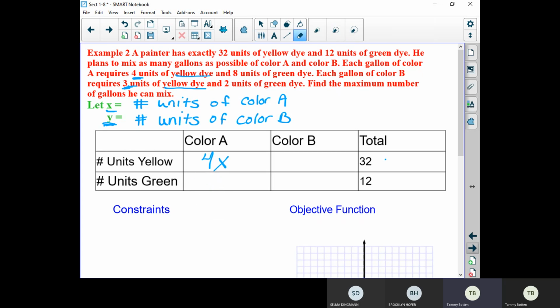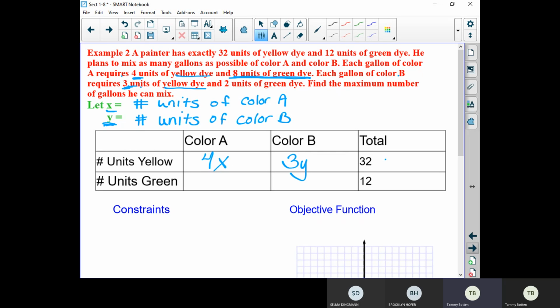Yes, I put this in the wrong spot. Sorry. We were doing yellow dye for color B, so that goes right here. So this is going to be 3Y.